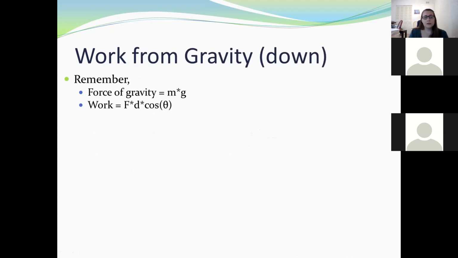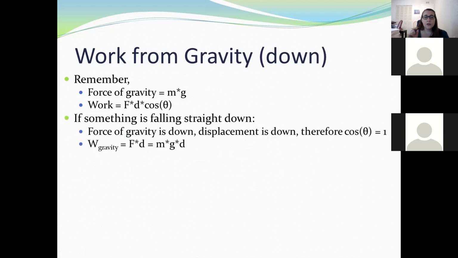So remember, the force of gravity is mass times g, and we're assuming that it's pulling down. So that means the work due to gravity is force times displacement times the cosine of the angle between the force and the direction of motion. That's true of all work, whether or not it's gravity. So if something is falling straight down, that means the force of gravity is down and the displacement is down.